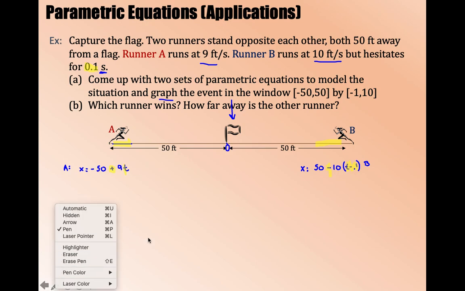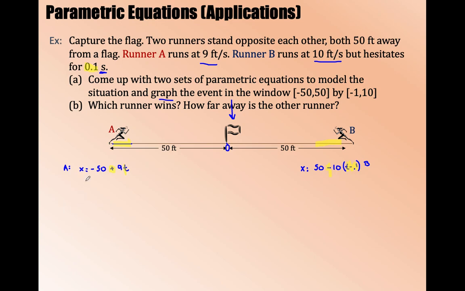Now, let's answer the question before we go to the calculator. Which runner wins? Well, I want to find out when runner A gets to the flag. So what position is that?